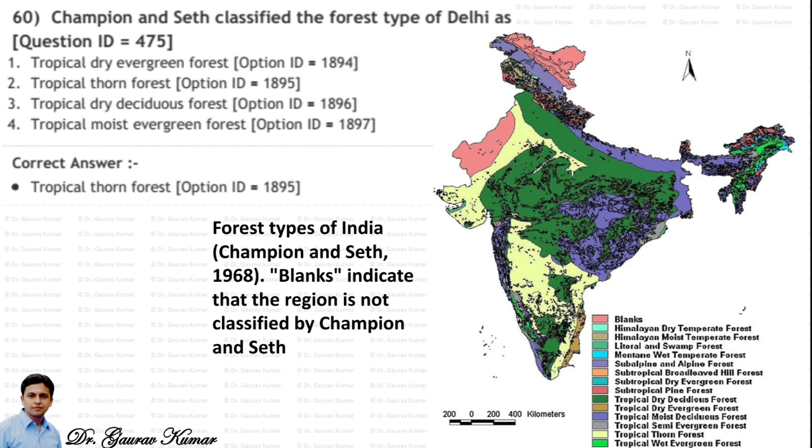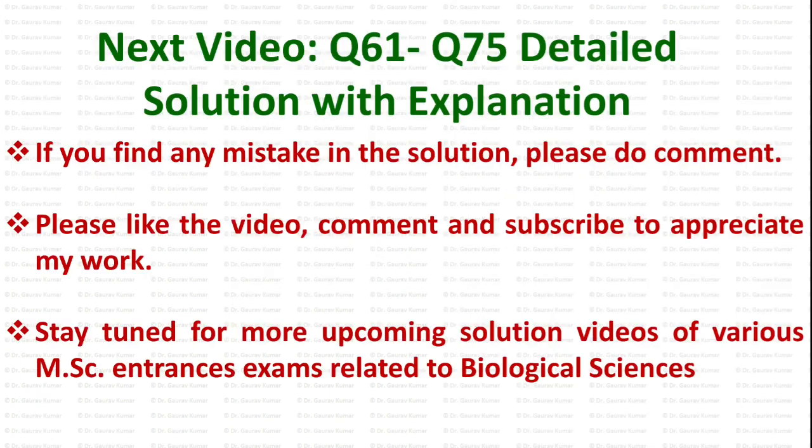This is the map of India where they have classified the various places according to the various forest types. If you see it properly, Delhi has the tropical thorn forest type of vegetation. You have to just see this map once with the various guidelines given in the map. You will come to know which area is classified under which forest type. Next question.